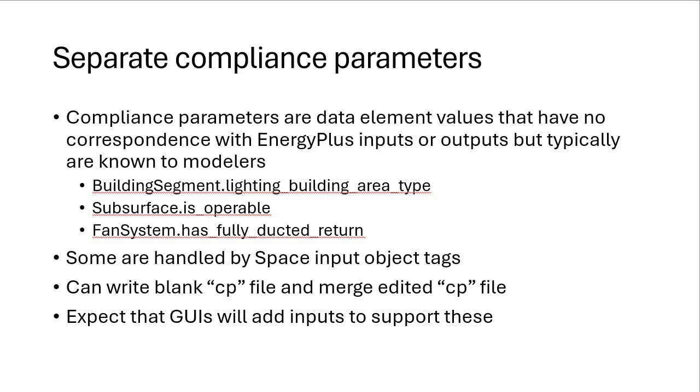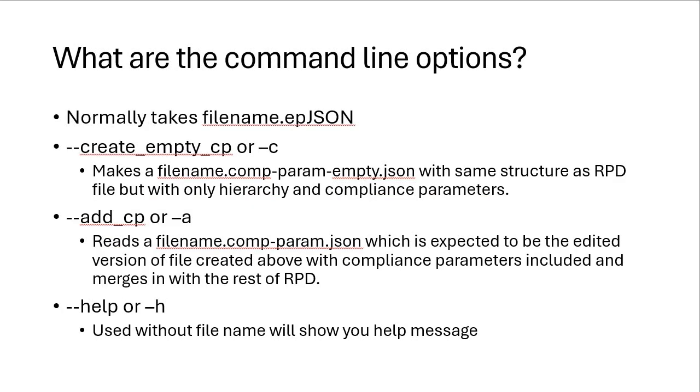So let's talk about that a little bit more, talking about the command line options. Normally, when you use the createRPD script, you would just supply it with the name of the EPJSON file. It uses that file name and changes the extension to whatever other file it needs. To help with the compliance parameters, we've added 2 new command line options.